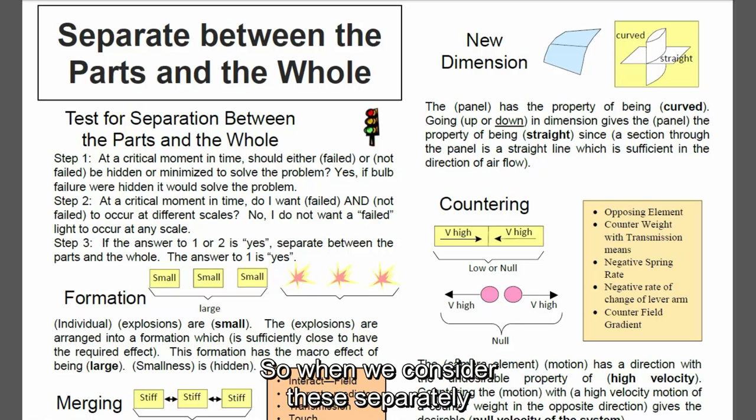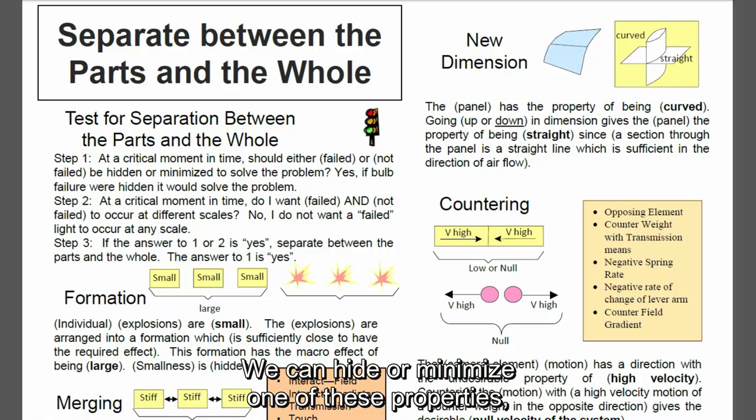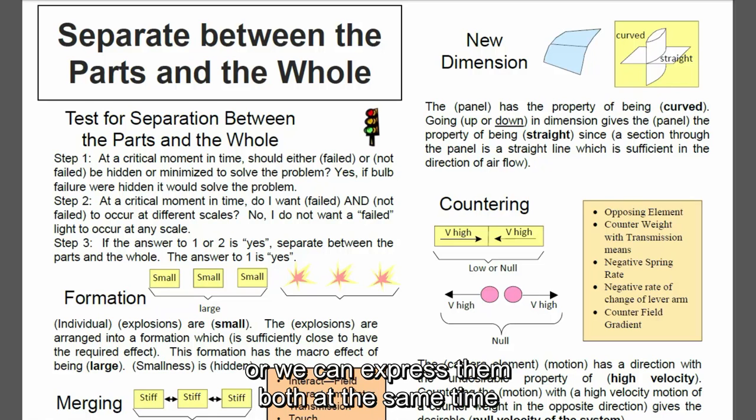So when we conceptually separate between parts and the whole, we can do one of two things. We can hide or minimize one of these properties, or we can express them both at the same time and in the same space, but at different scales.